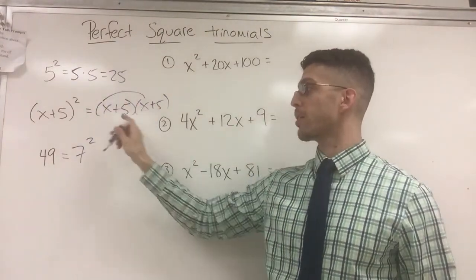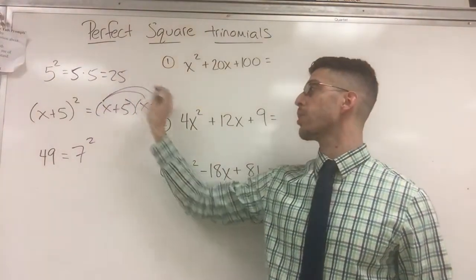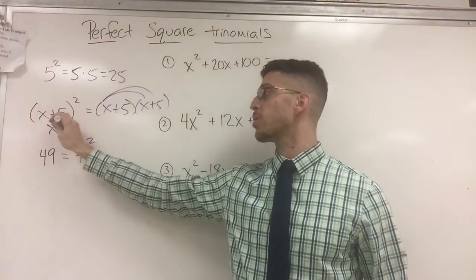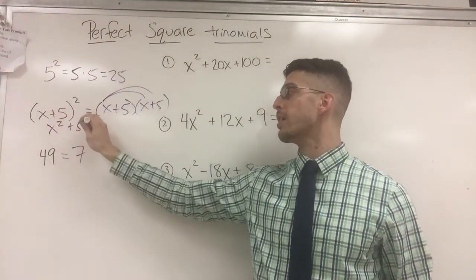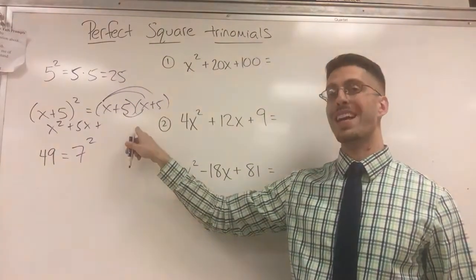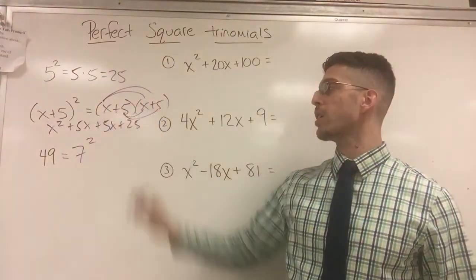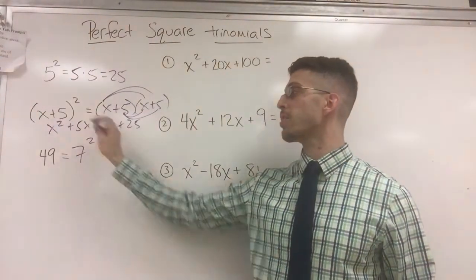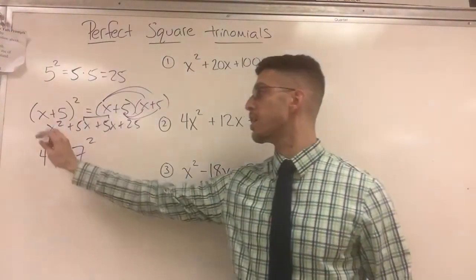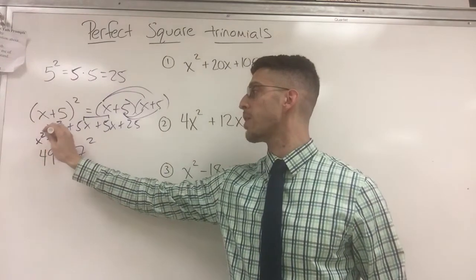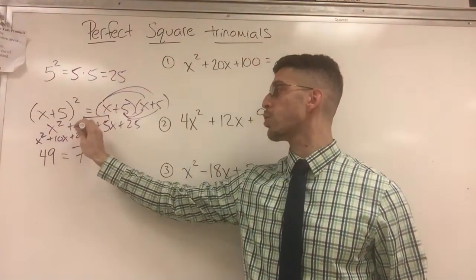First, x times x, and then outer, x times 5. That gives me x squared plus 5x, plus, now inner and last, another 5x and then 25. So my final answer, if I combine like terms, is x squared plus 10x plus 25.